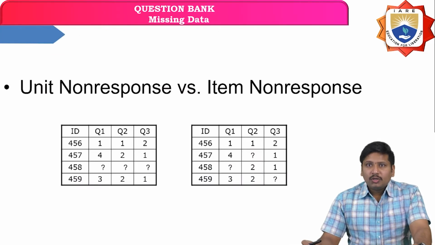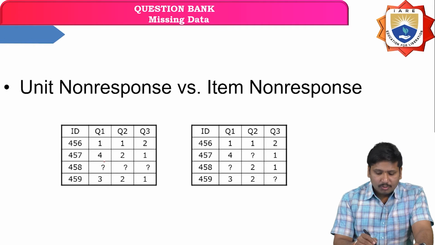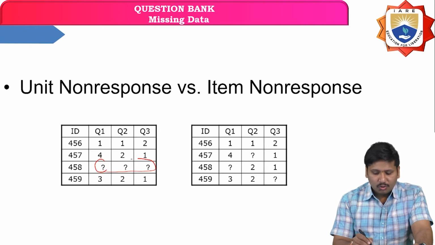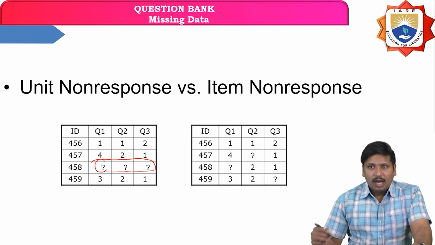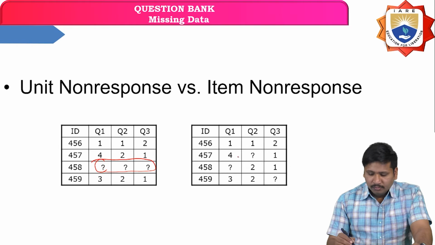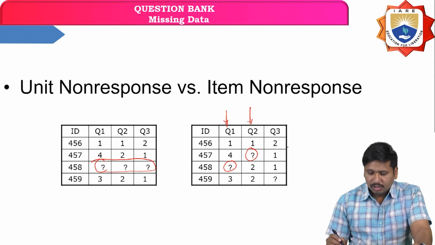Next, what are unit non-response and item non-response? Unit non-response means the data is missing for an entire row, which we call unit non-response missing data. Item non-response means some data is missing column-wise. For example, the data is missing in Q1, here in Q2, and here in Q3.